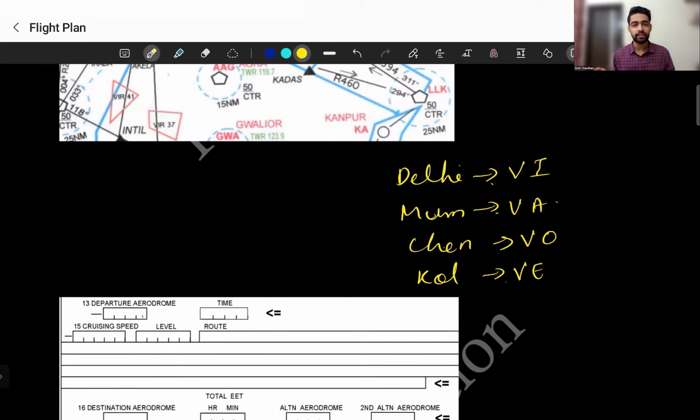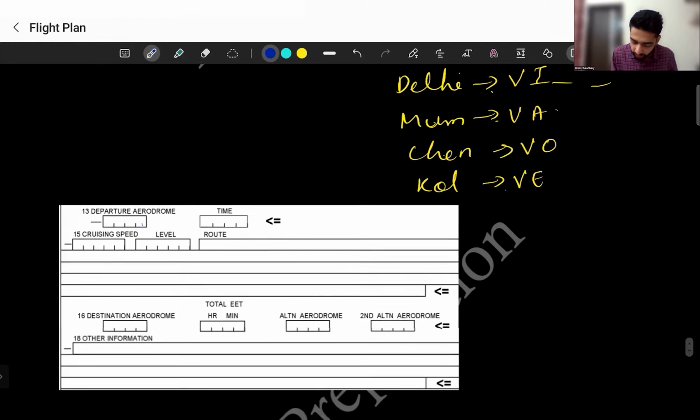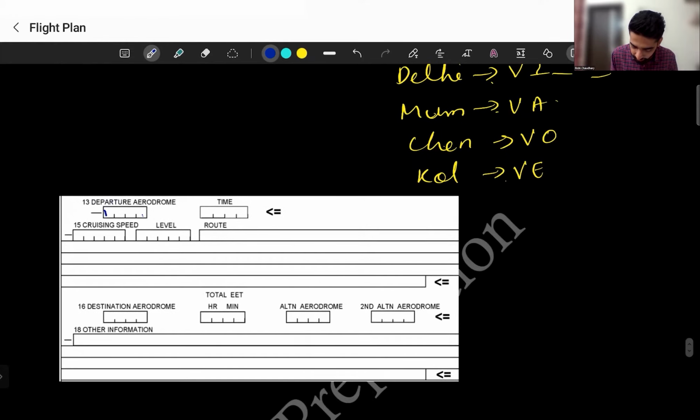And after the initials, because everyone has the same initials, the next two letters have to be different. So these next two letters are of that particular local airport. For Delhi, we have DP, and for Lucknow we have LK. We can say it like this in telephony. So we have VIDP, that is Victor India Delta Papa.